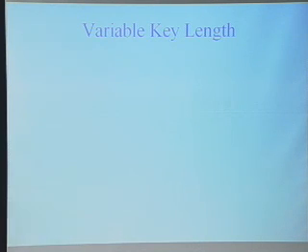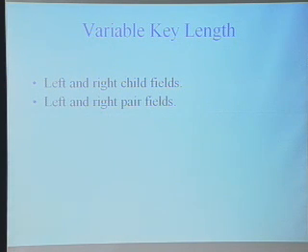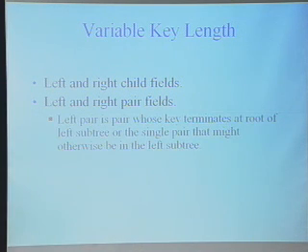All right, if you have variable length keys, then I will use a single node type, which could have, say, left and right child fields, and each node will be able to store two pairs, a left pair and a right pair.